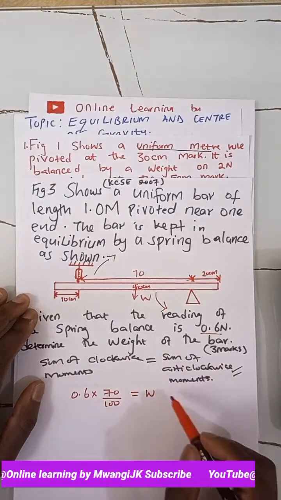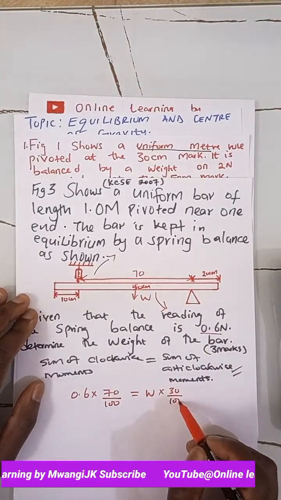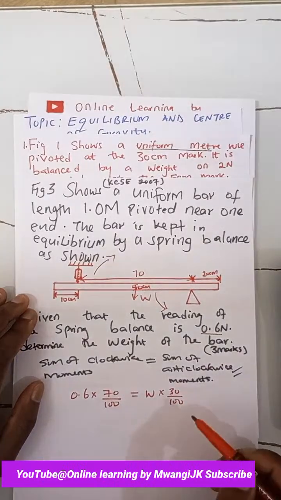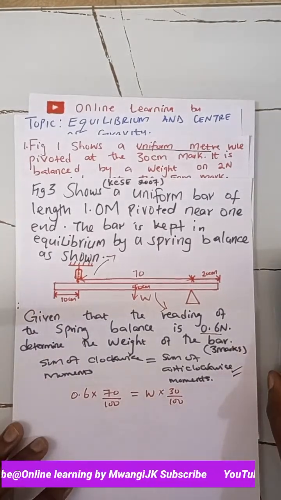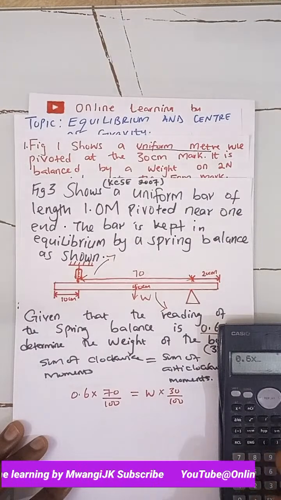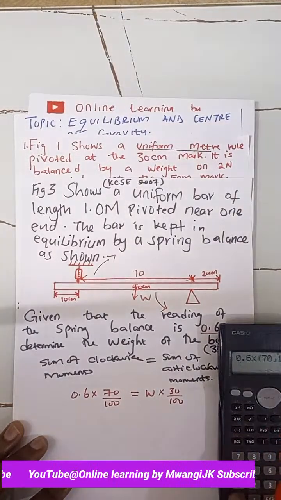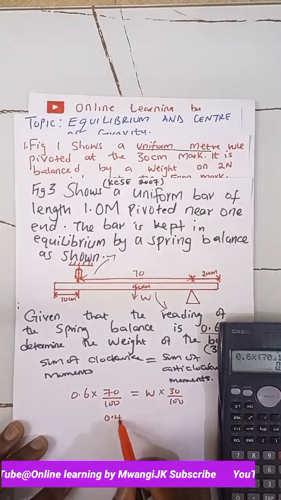So we have times 30 over 100, changing that into meters. Computing these, we get 0.6 multiplied by 70 over 100, and we get 0.42.